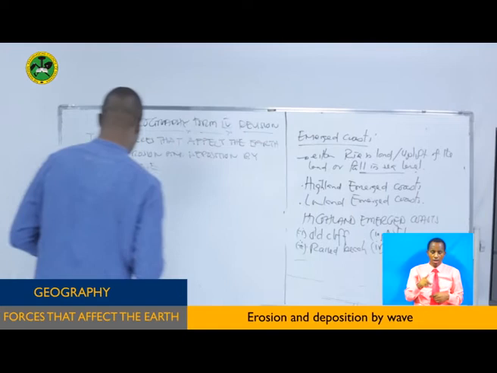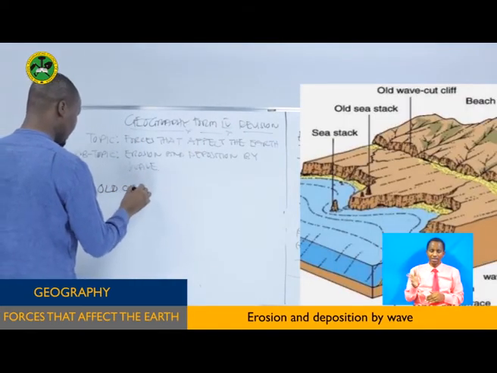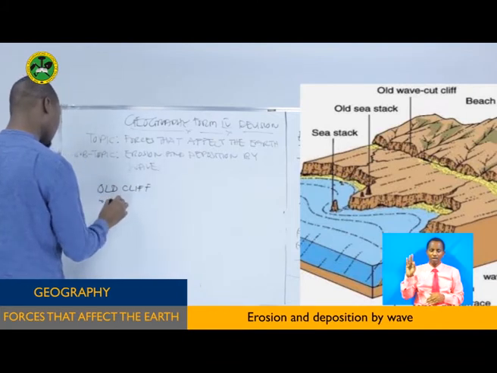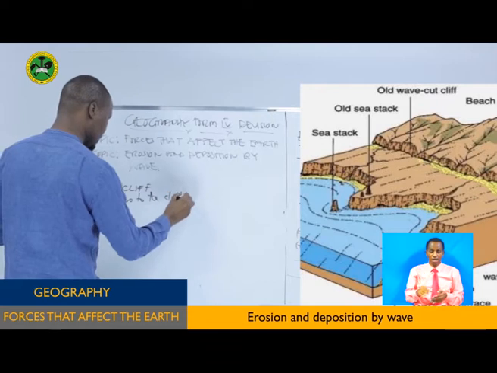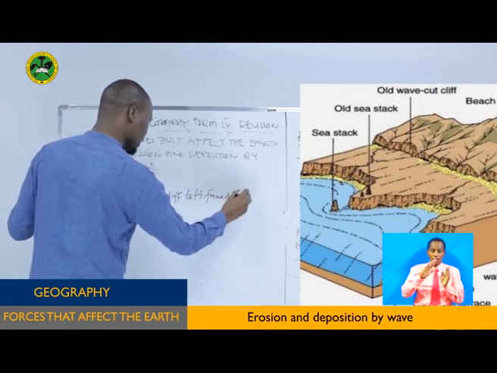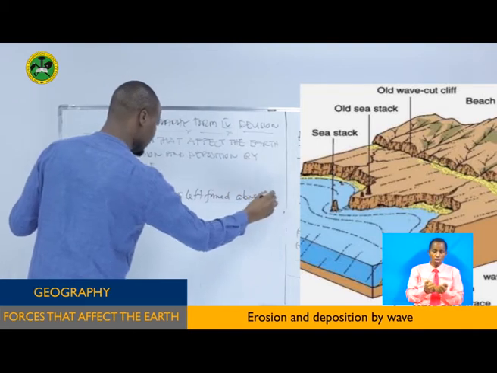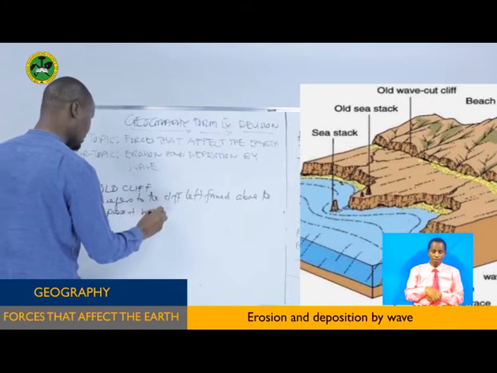Are you with me? Let us start with the old cliff. Old cliff refers to the cliff left formed above the present wave cut platform.